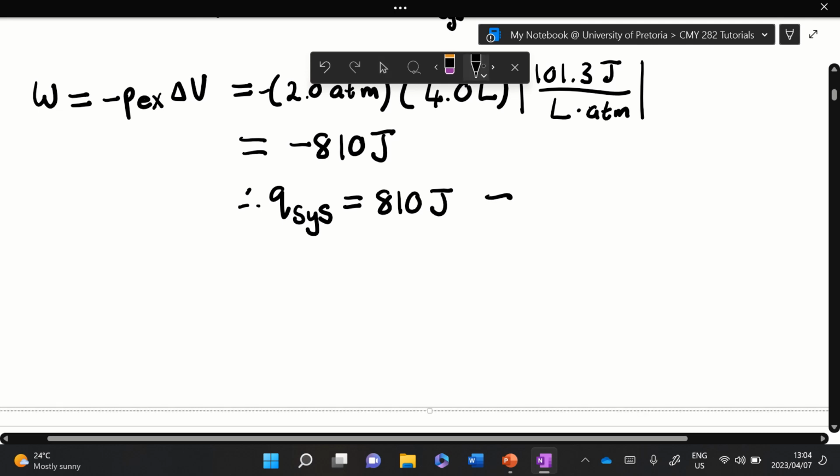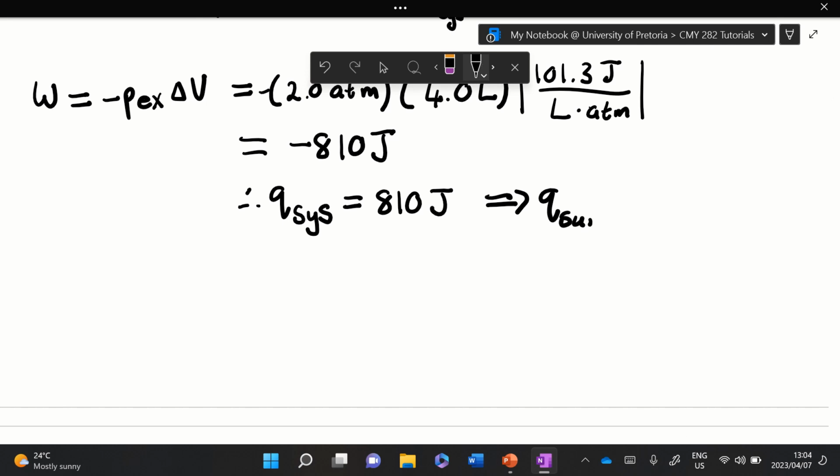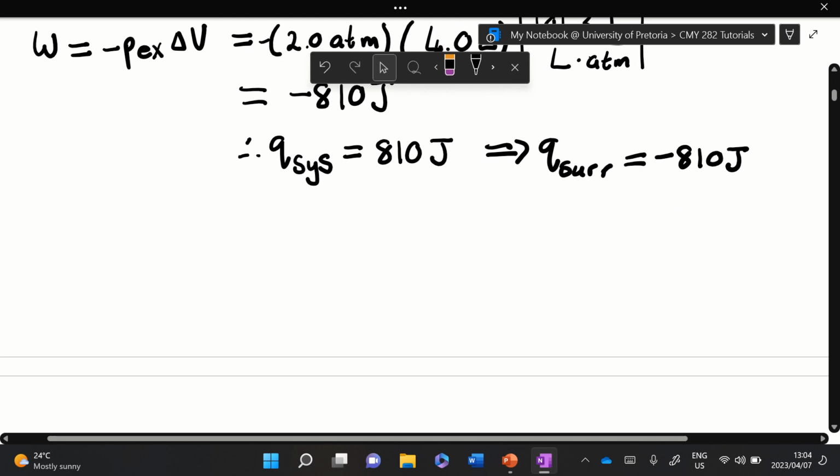So that implies that our surroundings heat is again negative this 810 joule. Right, so that's a very important distinction that you need to make for yourself.